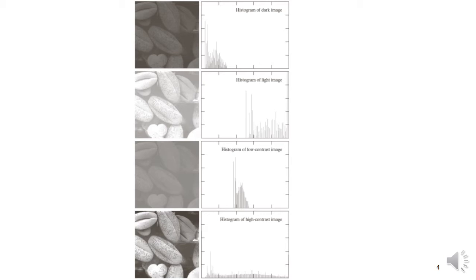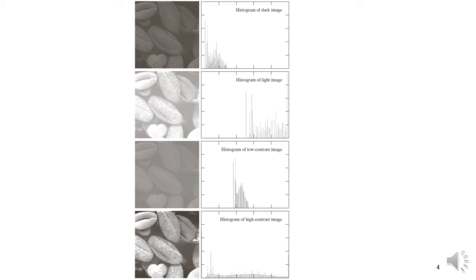If it is an 8-bit image, the minimum intensity value could be 0 and the maximum could be 255. So as this image has dark pixels and low intensity values, all the histogram bars are skewed towards the left side of the histogram.